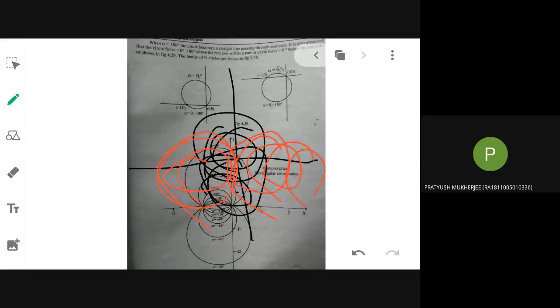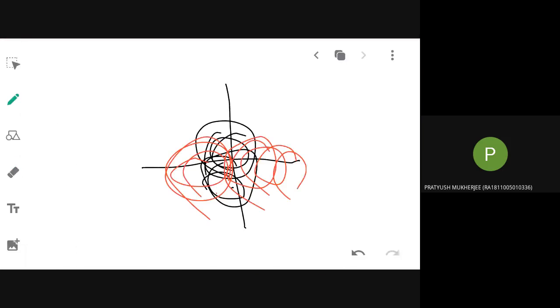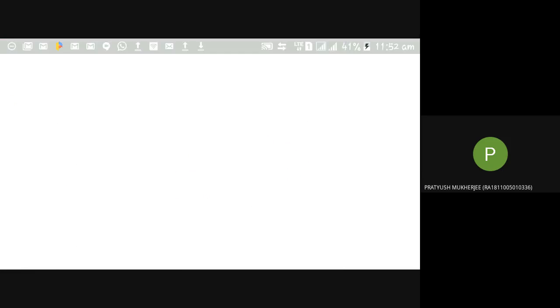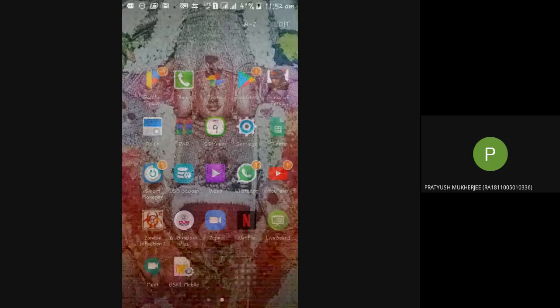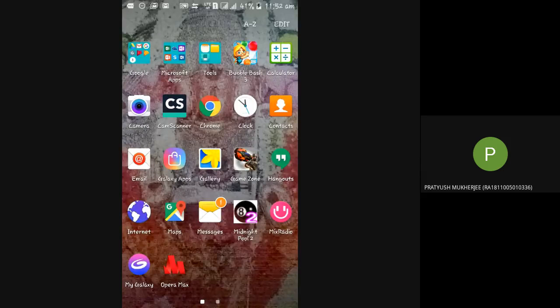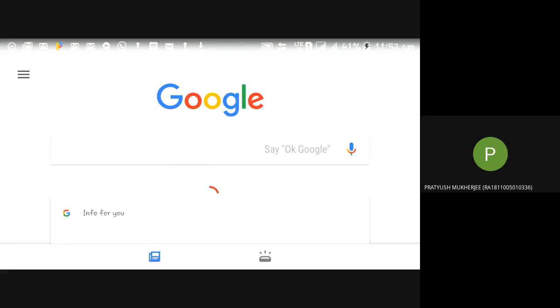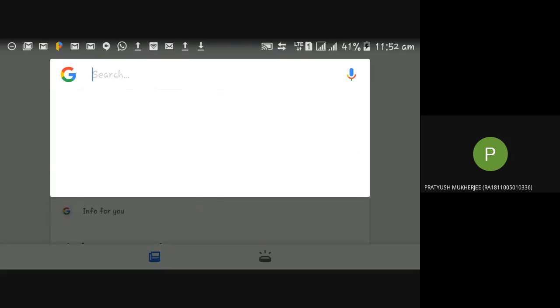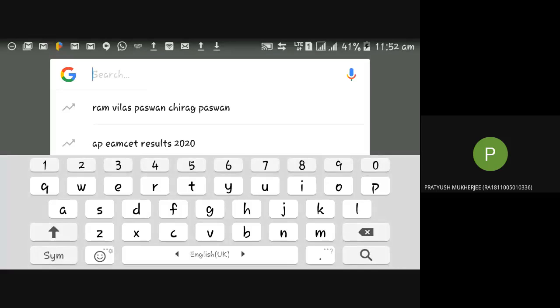Now I am not drawing it properly, there is no time, so I will Google it and show you. Just I will show the shape, because you are not going to do the problem. If you do the problem, it is a long procedure, so they have not included that in your syllabus.